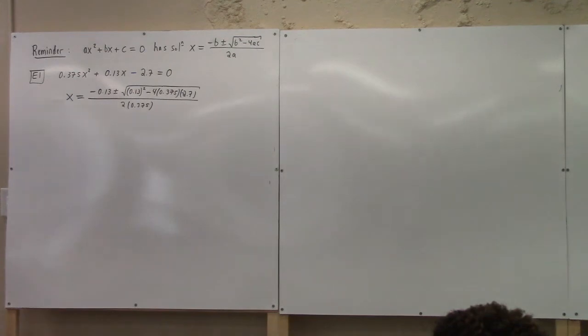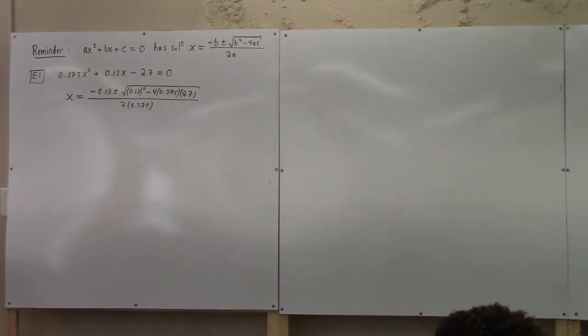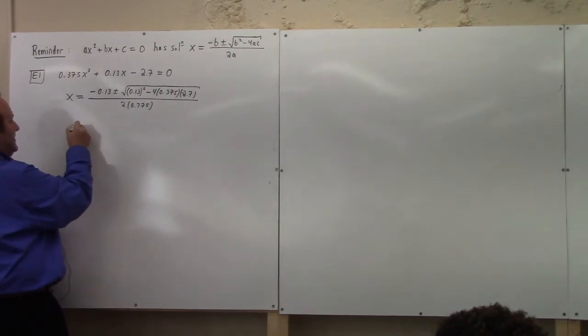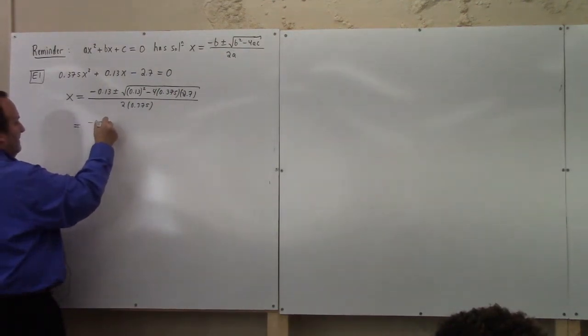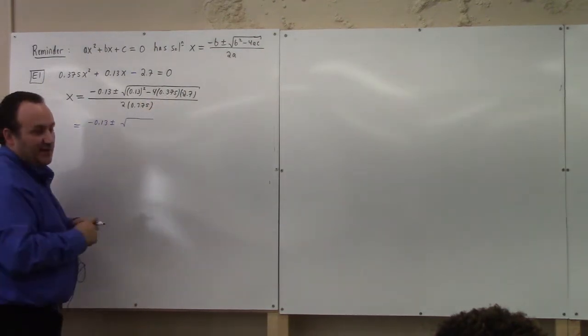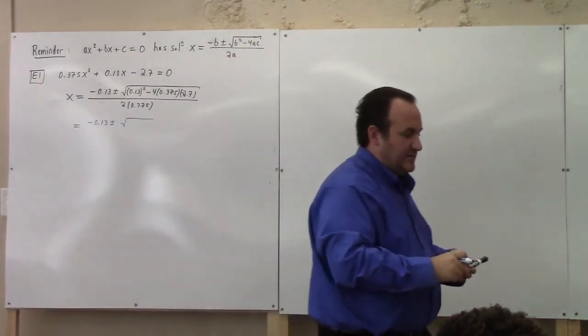Now, when I face a calculation like this, if all I've got is my calculator, I do not try to do it all at once. That is not a good idea. What you want to do is break it into little pieces. So what is this number inside? I would first figure that out. What's the discriminant?